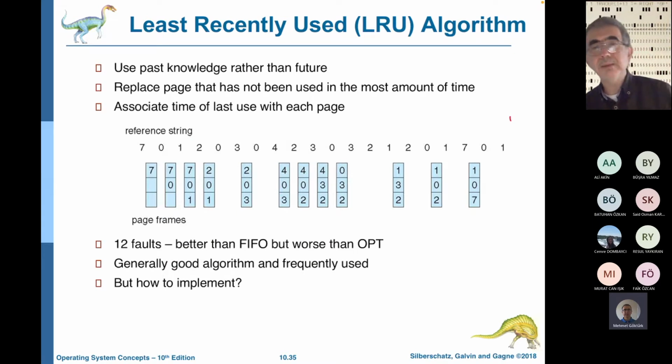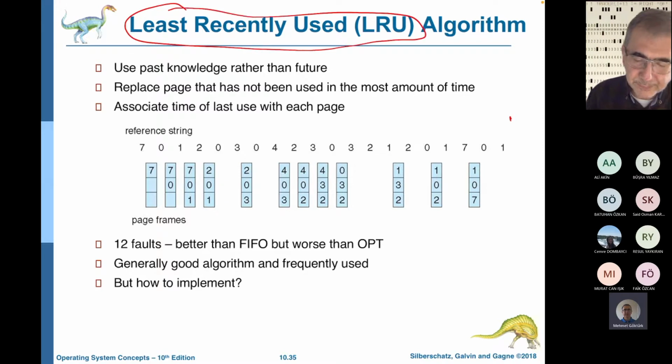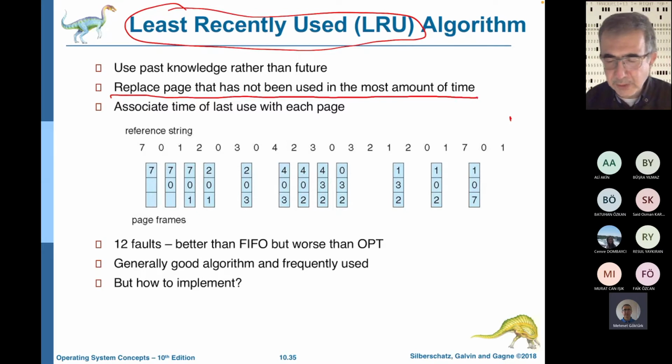To approximate the optimal algorithm, one strategy is least recently used. The idea is to replace a page that has not been used in the most amount of time. So if I haven't used it recently, I think it is old. But if it is old, but I am still using it, I don't consider it as old.